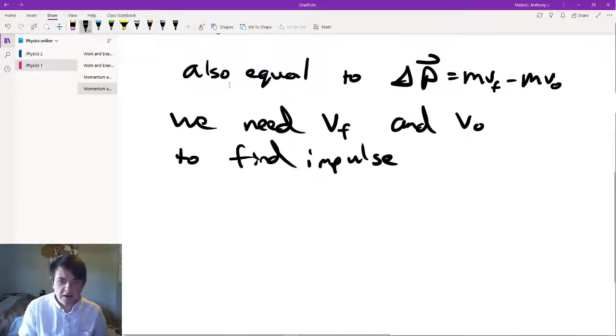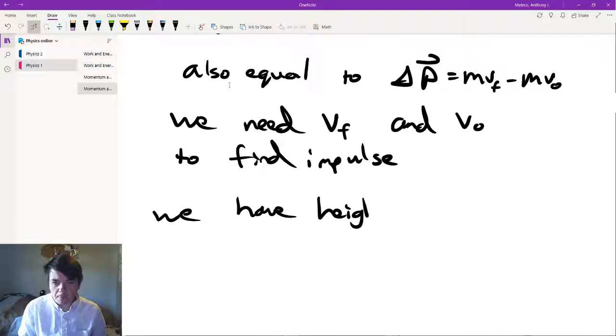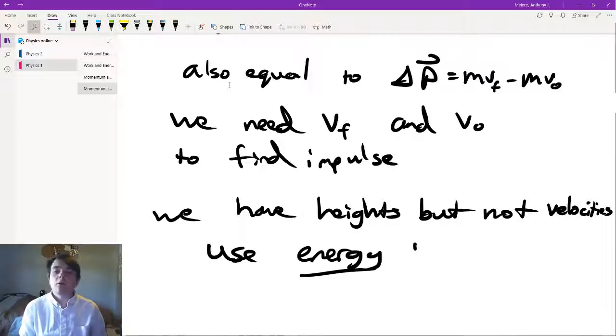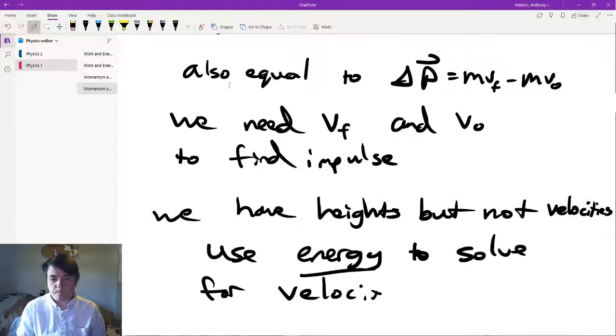So we have heights, but not the velocities. So what can we do here? Use energy. Okay, so we can use energy here to solve for velocities.